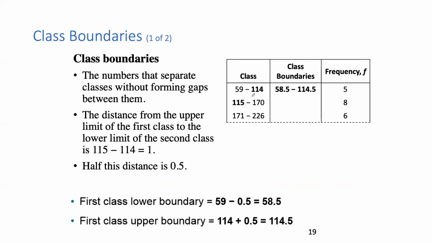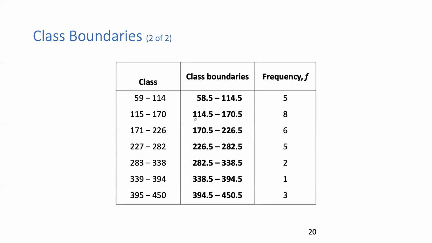So instead of closing the first class at 114, I close it at 114.5, and instead of opening the second class at 115, I open it at 114.5. So now I have a way of making sure that consecutive classes touch by constructing what we call these class boundaries.